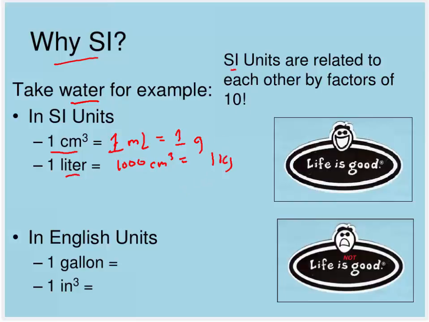So things in SI units are very typically related to each other by a factor of 10. For the backpackers in the world, we know that 1 gallon of water is going to be about 8.3 pounds, where a cubic inch of water is going to be 0.036 pounds. So life is not so good in English units. It is good in the SI world.